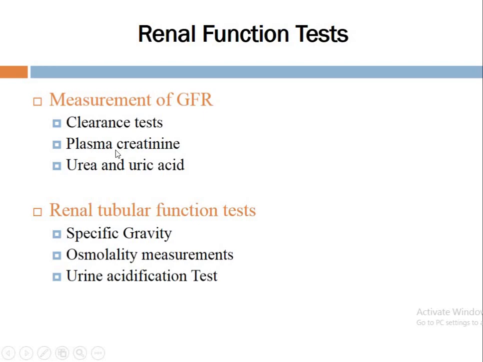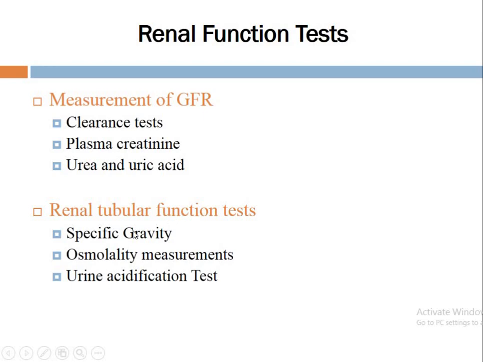The plasma creatinine level can also be used. There is a normal level of plasma creatinine, and when this is raised, it can be used as a marker of glomerular filtration rate. Urea and uric acid levels are also measured as a marker of the GFR.